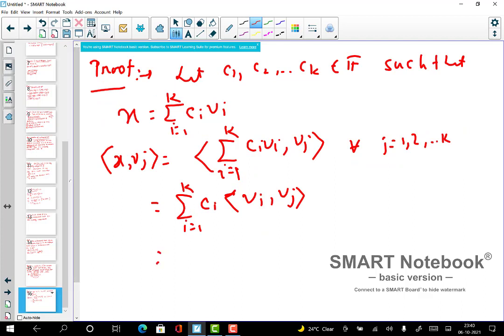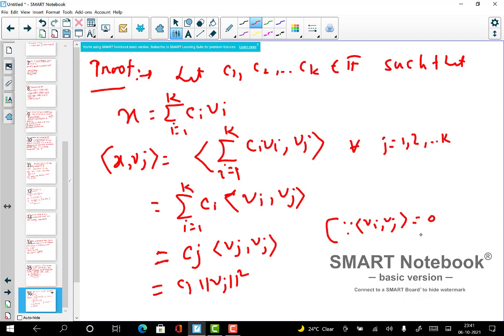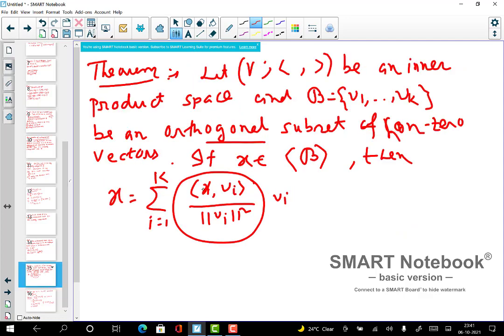So it will be nothing but Cj times norm of Vj square, as the inner product of Vi, Vj equals 0 if i is not equal to j. The other terms vanish, right? Then the coefficient Cj is nothing but the inner product of x and Vj divided by norm of Vj square.